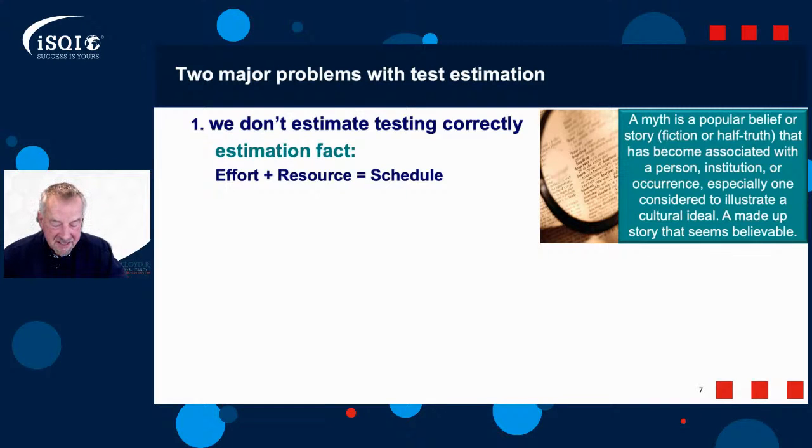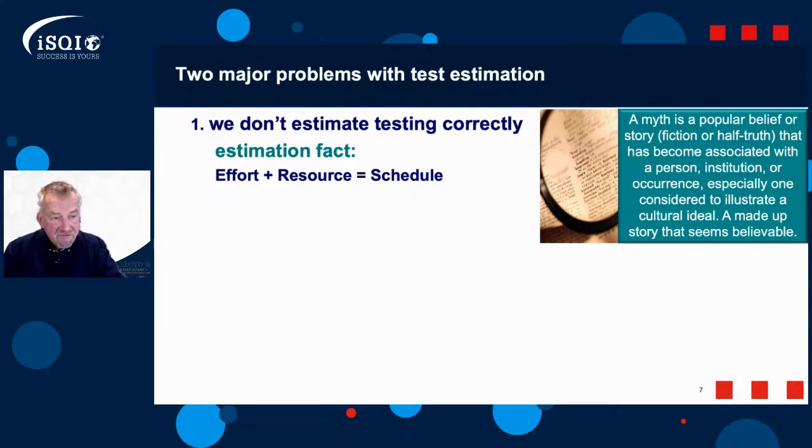Estimating is based on two aspects: the effort, the amount of days, hours we need to do a piece of work, and the resource. So when we have those two together, it gives us an elapsed period of time, a schedule.